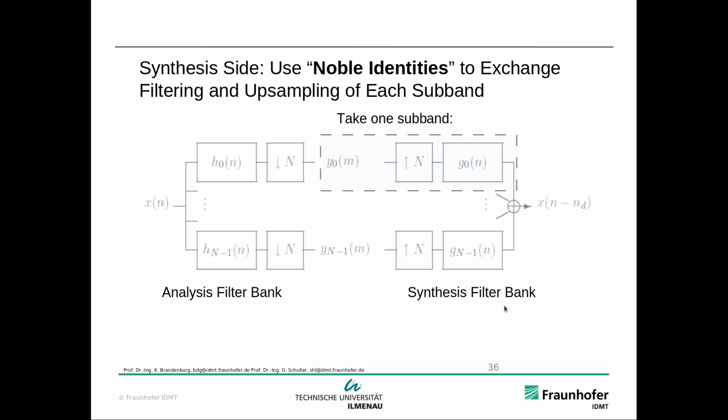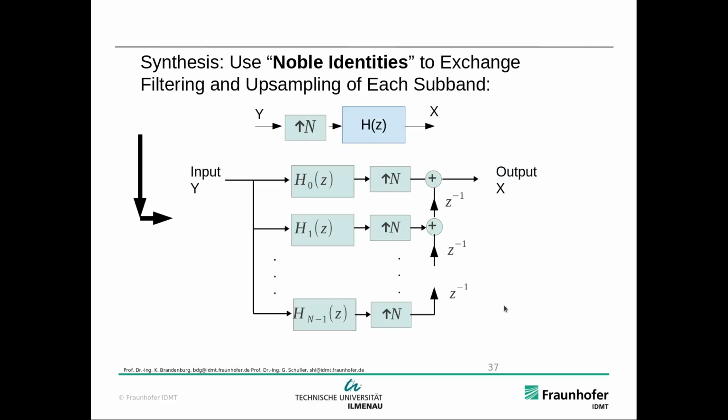Yeah, similar for the synthesis. So here we have the upsampling and then again filtering at the higher sampling rate, right? Which again is wasteful. So here, instead of doing the operation at the higher sampling rate, Noble Identity tells us how to do the filtering at the lower sampling rate, and again using blocks and different phases, as you can see here.